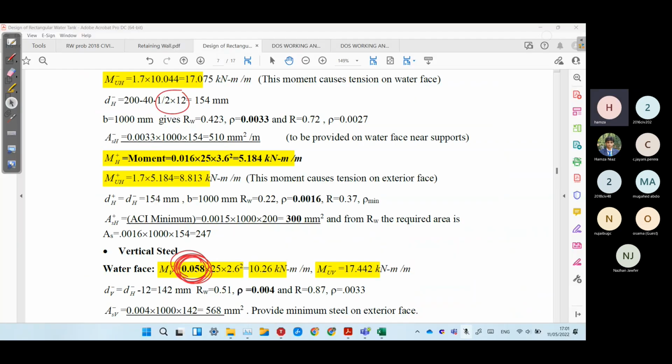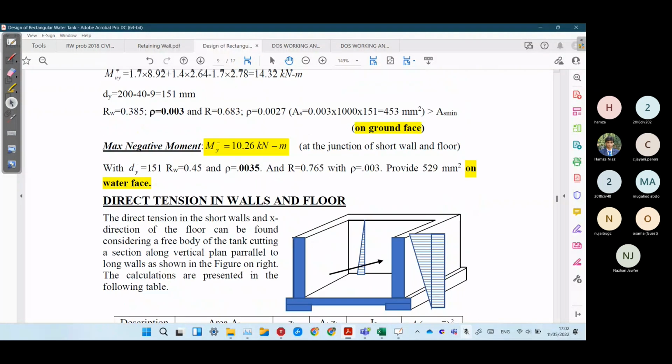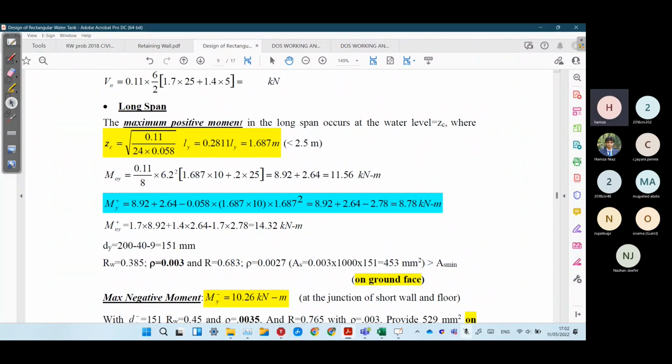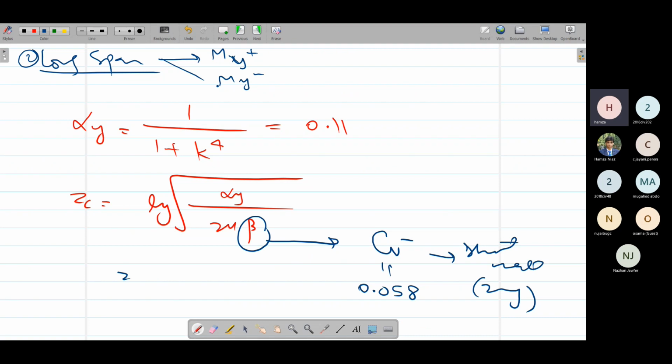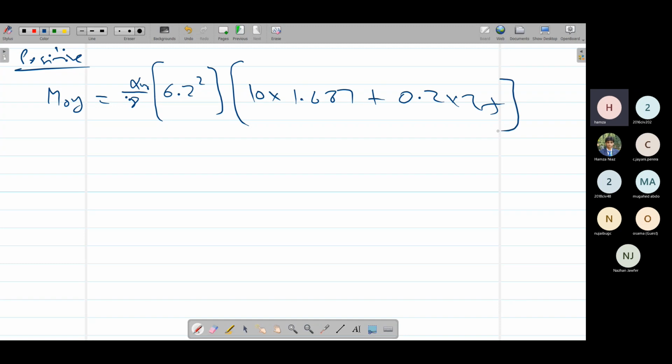The Zc value here is 1.687. Actually, it is a bit different. You can try this. So this is for positive: 1.687 plus 0.2 into 25. This we can get as the simple span moment for the positive direction.